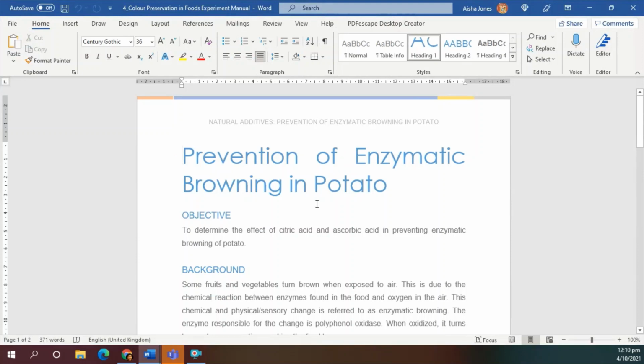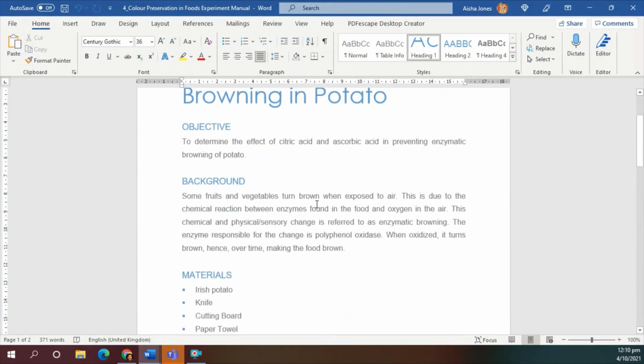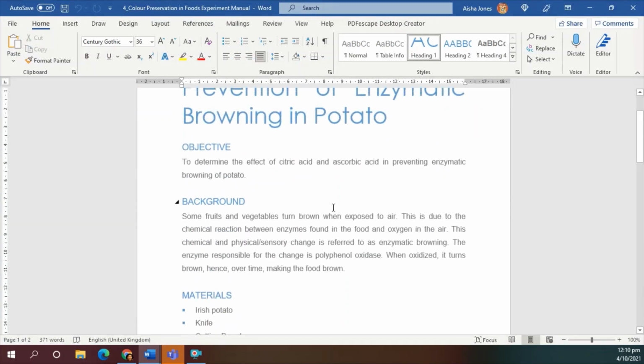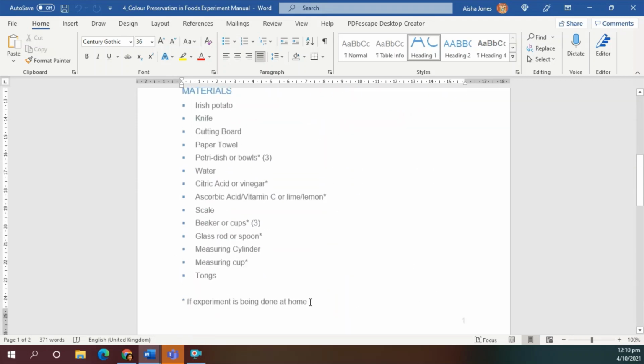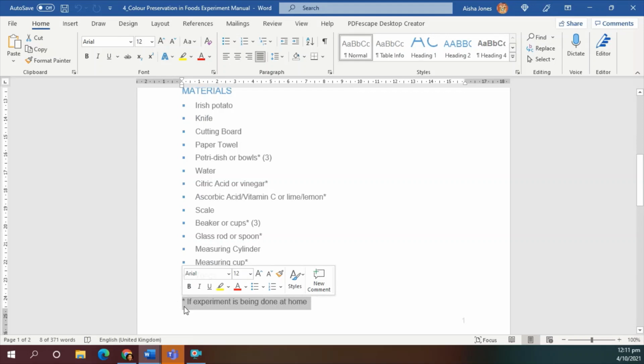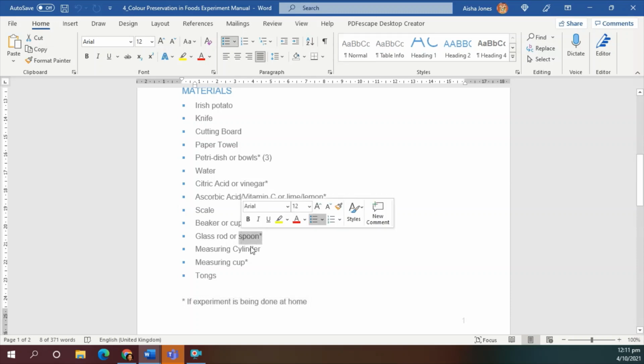So here the lab manual is written up in the scientifically technical way, looking at the objectives, the background, the materials required. As you can see, we've also made note of those particular supplies that you could use if you're doing this particular experiment at home.